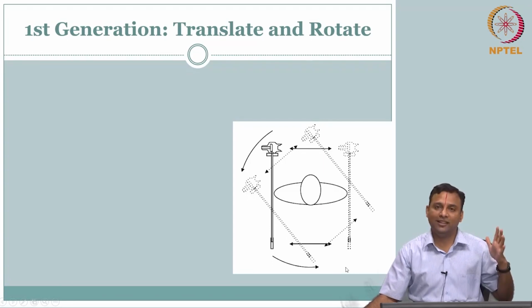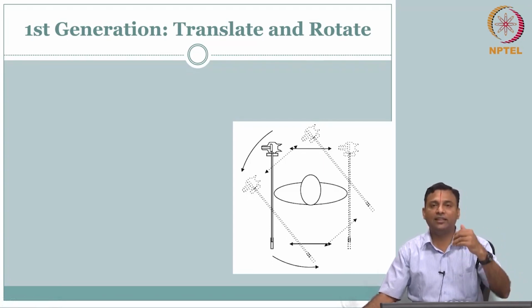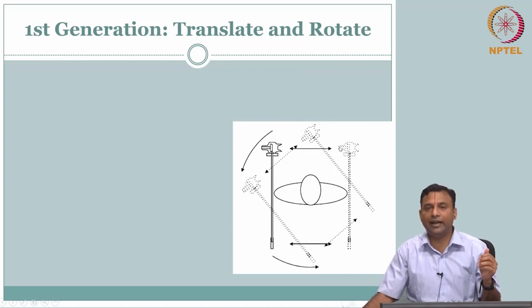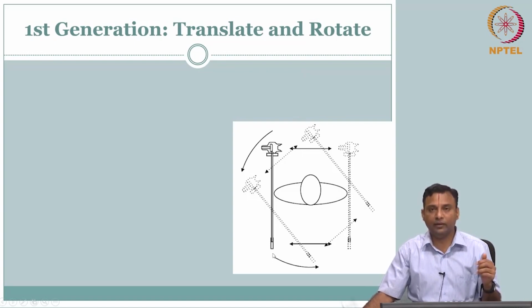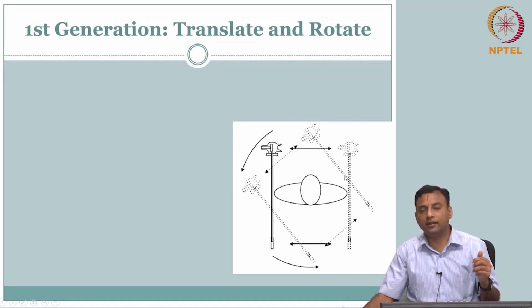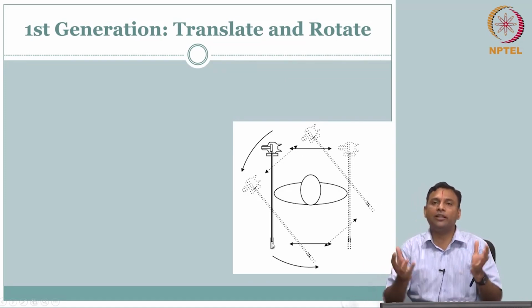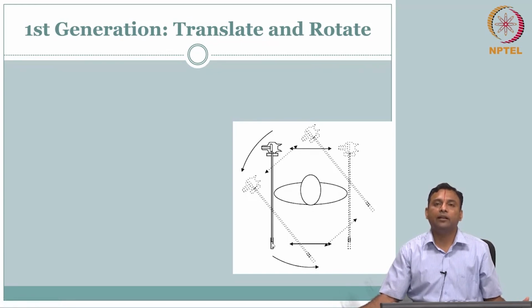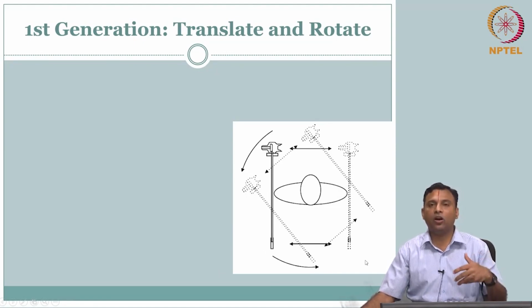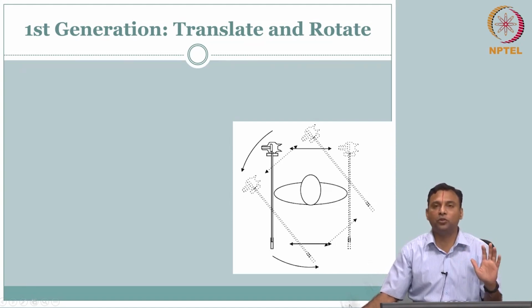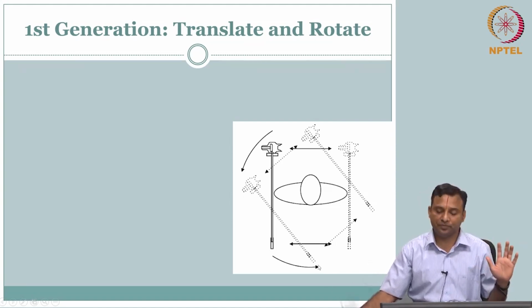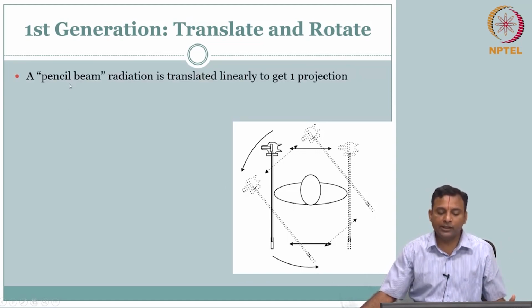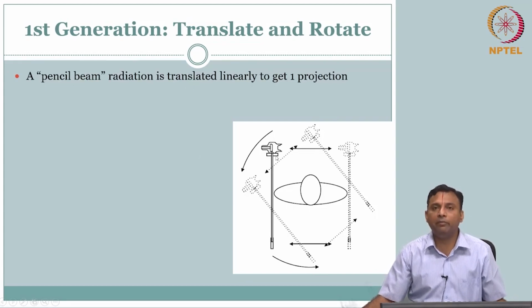So it was brute force: you translated, got data on the detector, then rotated, translated, and so on. You make all these measurements, and you know the positions of the detector and the source, where you measure. Then you have to do computation. The logic was to use a pencil beam translated to get one projection. What do we mean by one projection?